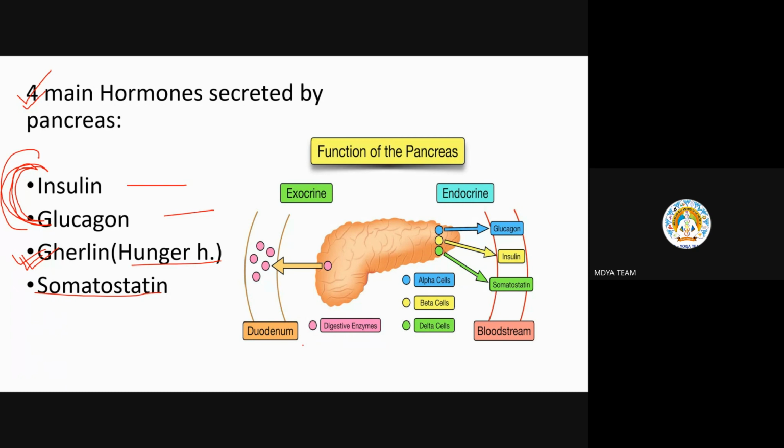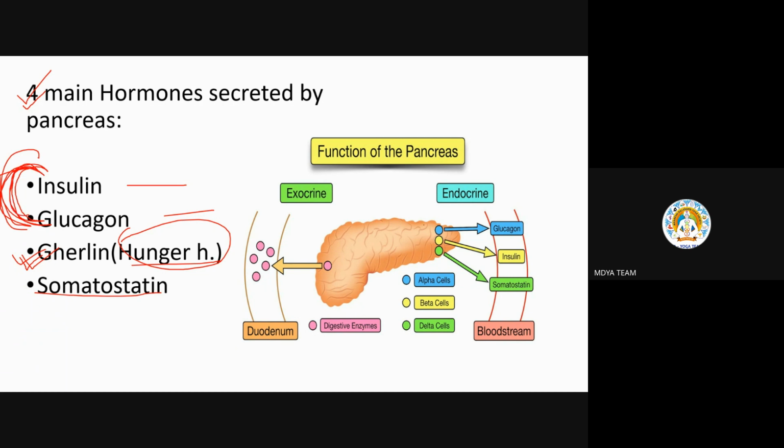It prevents the release of pancreatic hormones such as insulin and others. I told you this just for a little knowledge, otherwise these two hormones are the focus for today.